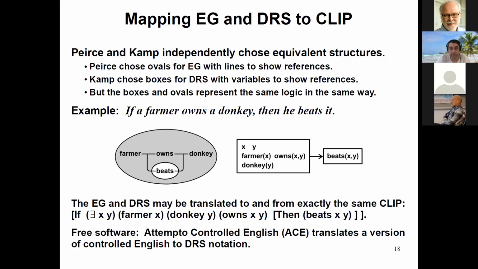The Attempto Controlled English, ACE, translates a version of controlled English to DRS notation. And once you're in DRS notation, you can go via clip to existential graphs and to anything that is represented in the semantic web or in formal UML and other kinds of things.